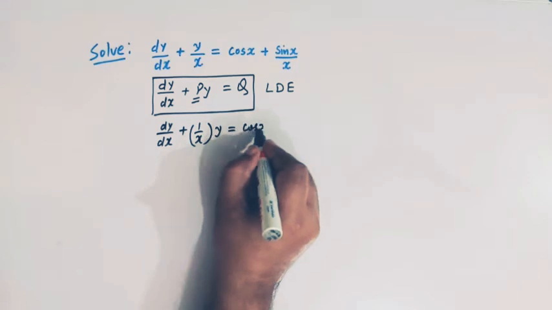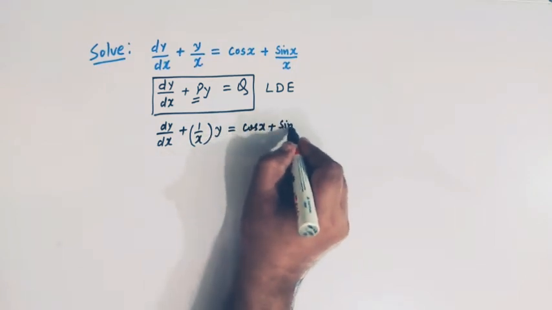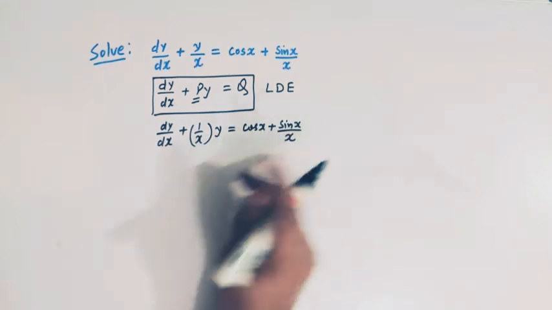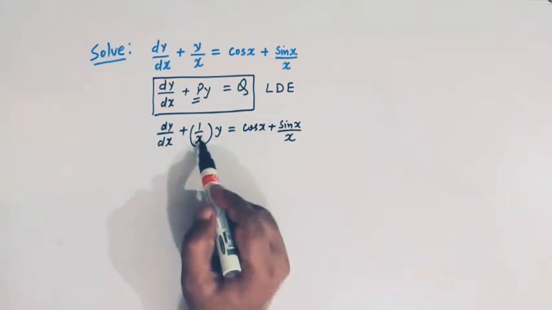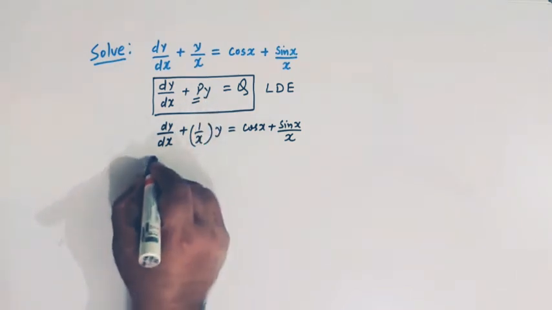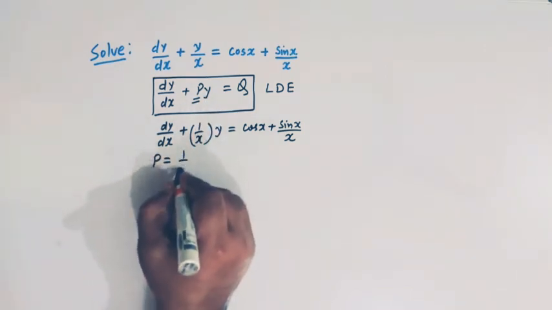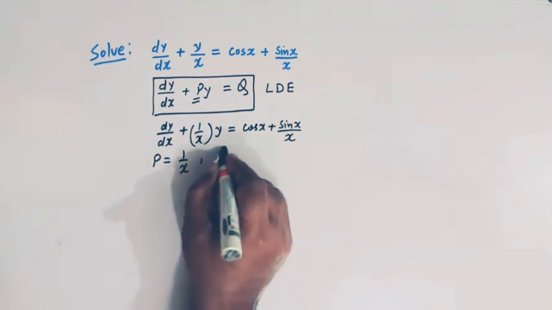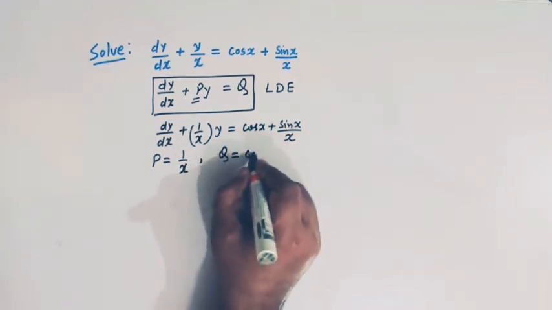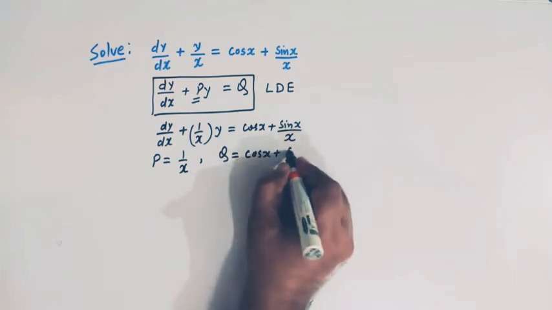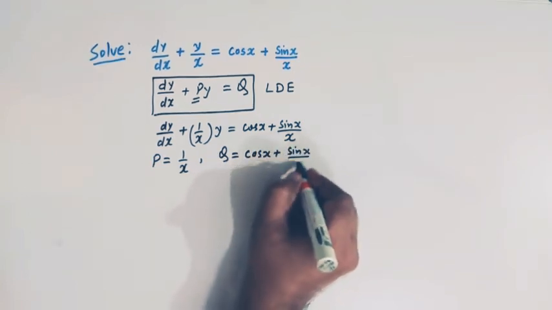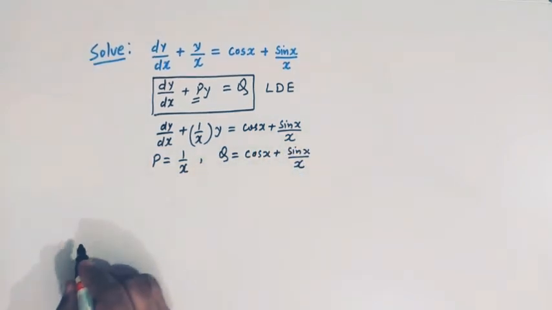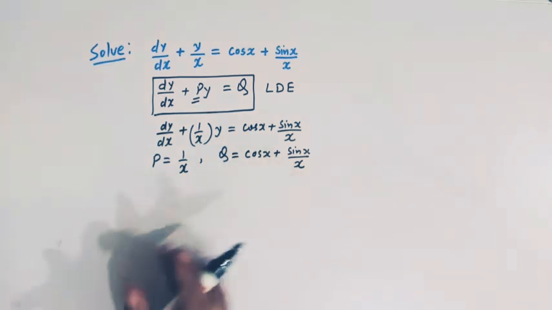is equal to cos x plus sin x over x, and if we compare this equation with this one, then we see that the value of p is 1 over x and the value of q is cos x plus sin x over x, right? So p and q are functions of x, right?